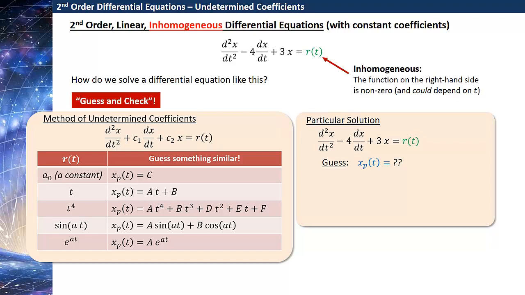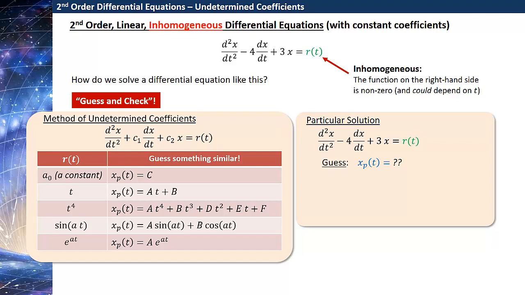If the term on the right-hand side, r of t, is sinusoidal, maybe it's a sine or a cosine, then we're going to guess a combination of sines and cosines with the same dependence. So if I have sine of at, I'm going to guess that the particular solution looks like sine of at or cosine of at. And in general, again, I'll have to have a sum of both sine and cosine. So I'll need to include both of those for my guess.